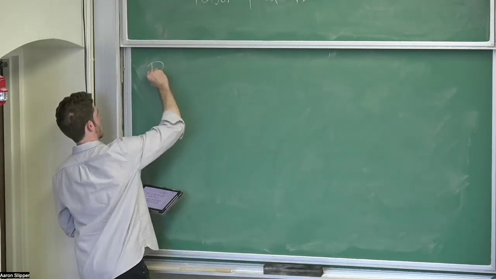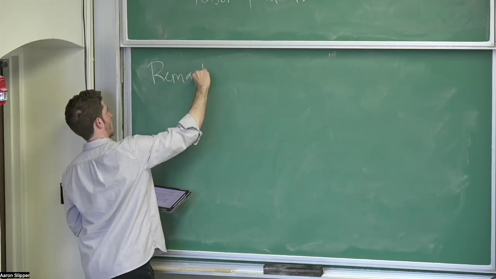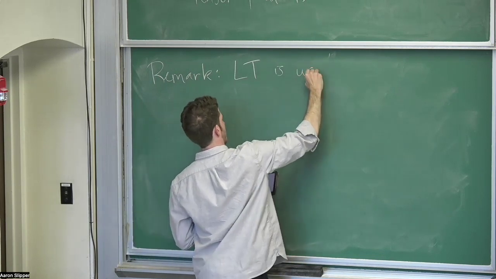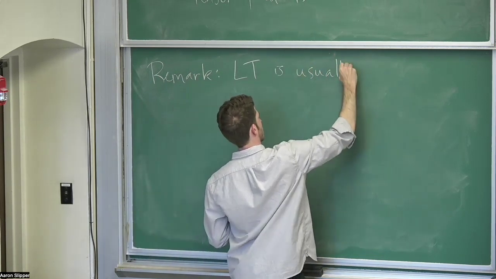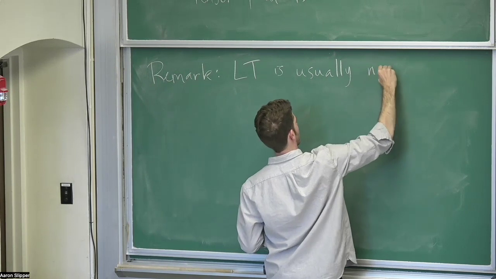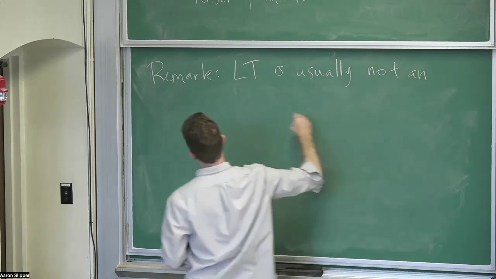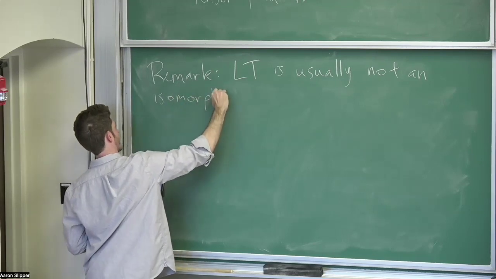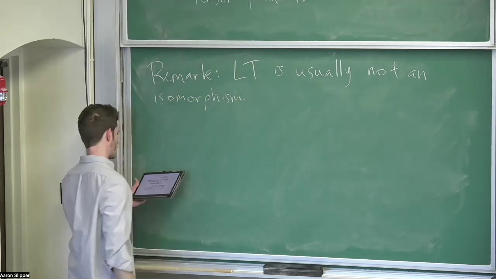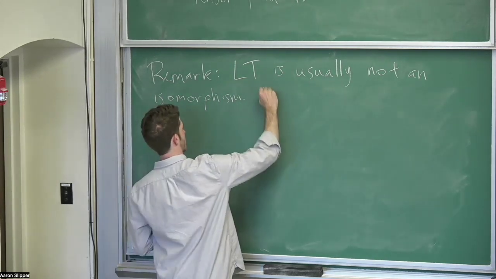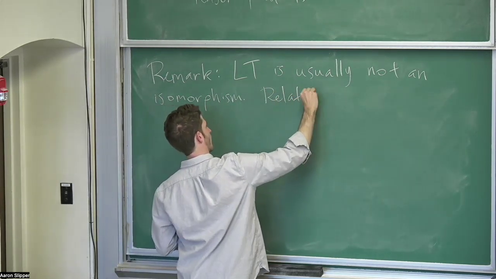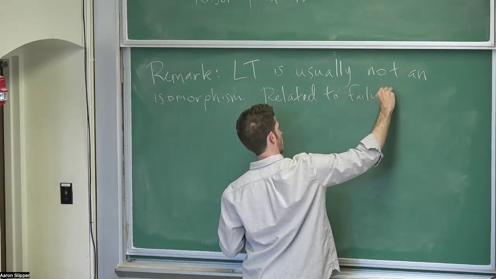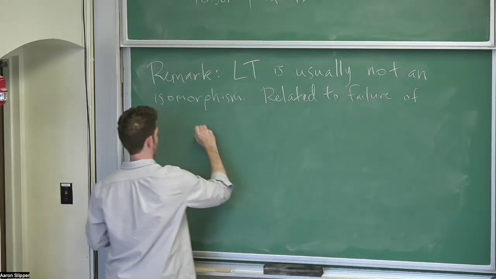You'll get things that are finitely supported just by construction. So an important remark to make here is that this local term map is usually not an isomorphism. But disappointingly, this is related to the failure, in the l-adic setting, right?